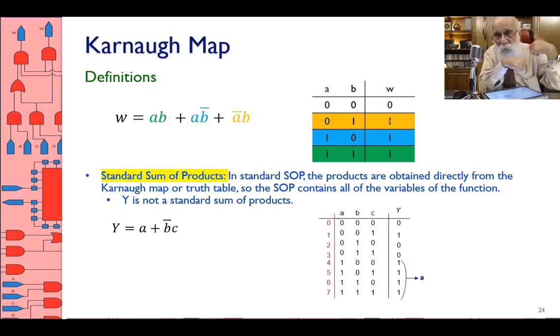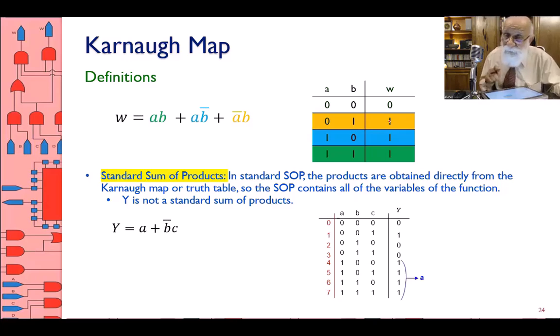So if the whole class tries to come up with a sum of product, each product having all the variables, they all come up with the same thing. That's why it's called canonical standard sum of products. Canonical is Greek for standard.